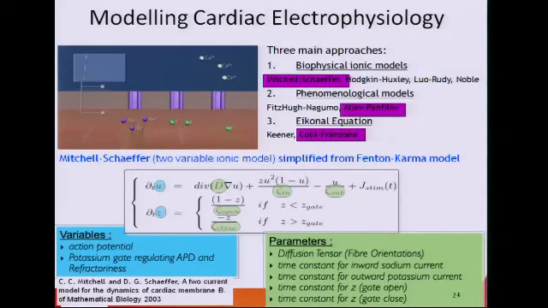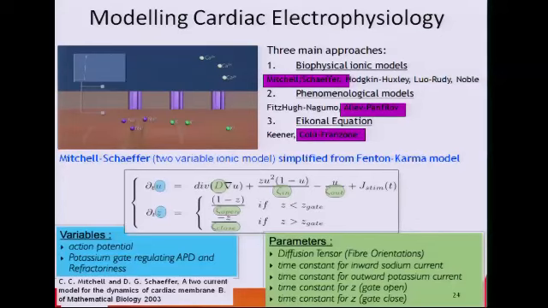So this movie here shows the exchange of ions across the cardiac membrane. Along the cardiac cycle, you have an exchange of ions, which creates the difference of potentials. And this difference of potentials is captured by this reaction diffusion equation here.